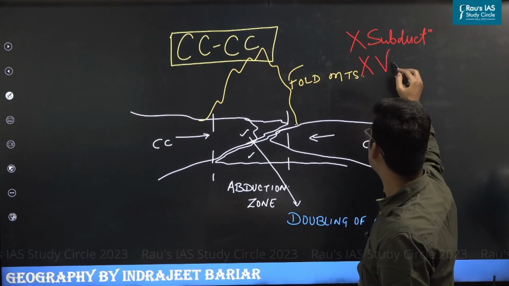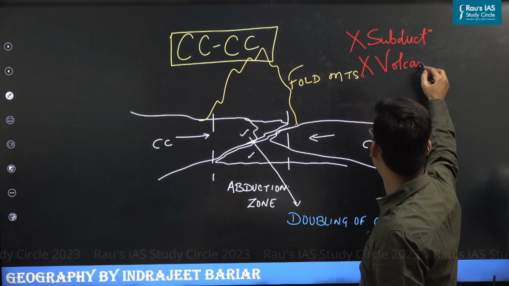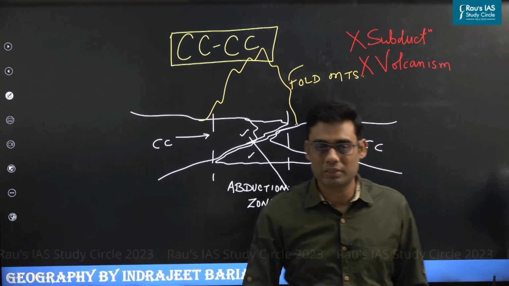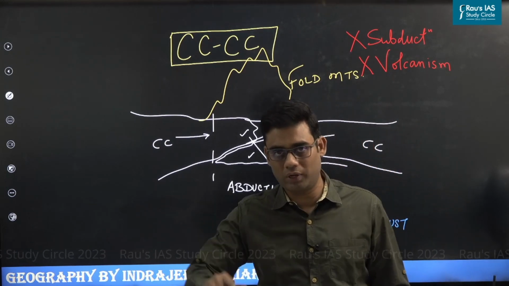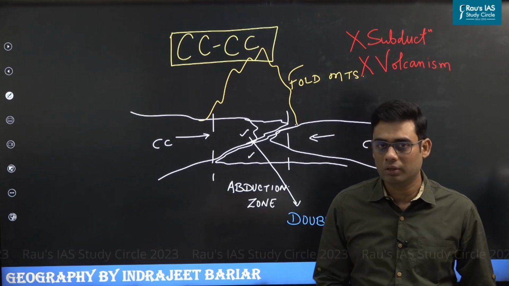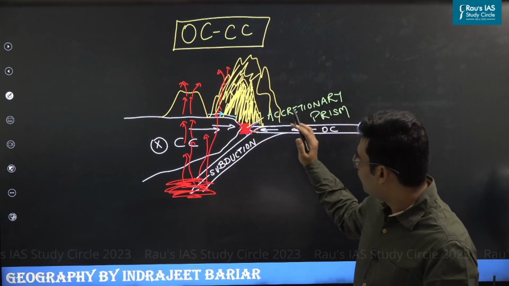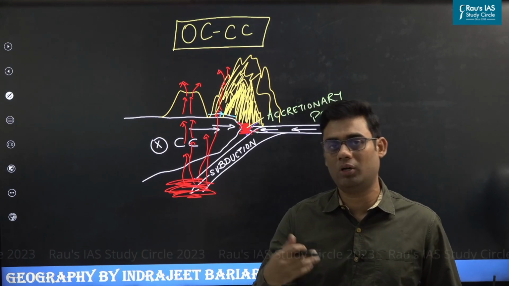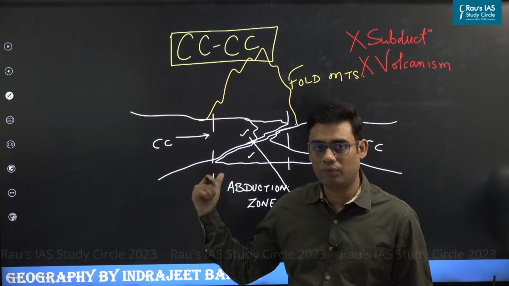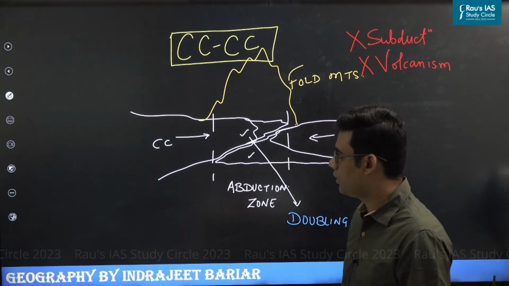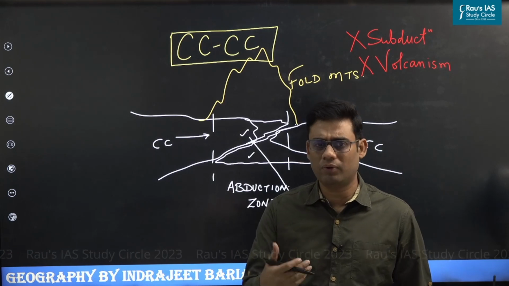So that's one basic difference between these two fold mountains formed by two different processes: the fold mountains from OCCC convergence exhibit volcanism, whereas those formed due to CCCC convergence are free from volcanism.